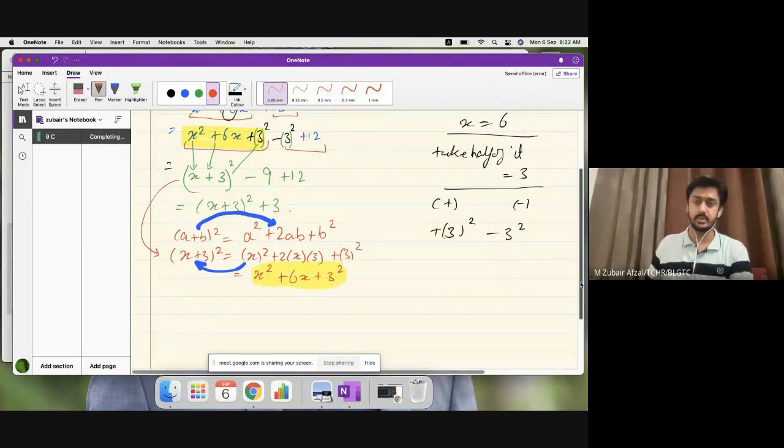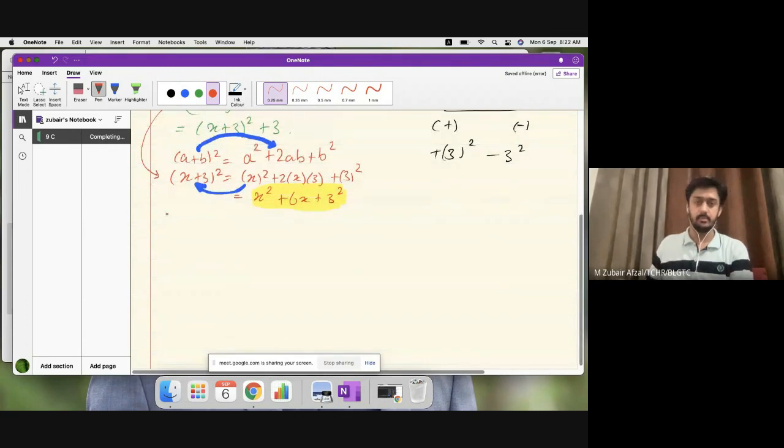I'll do one more example until you feel confident. For example, now with the negative number, x square minus 8x plus 10.